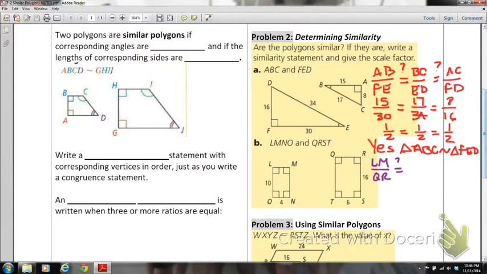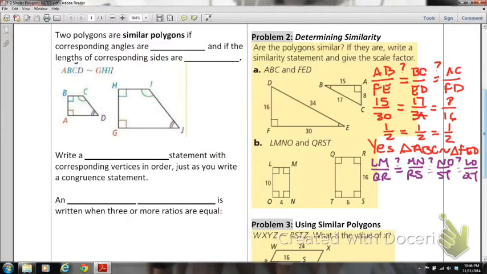We want to know, is that equal to MN over RS, which we want to see if it's equal to NO over ST, and is that equal to the last side, LO over QT?